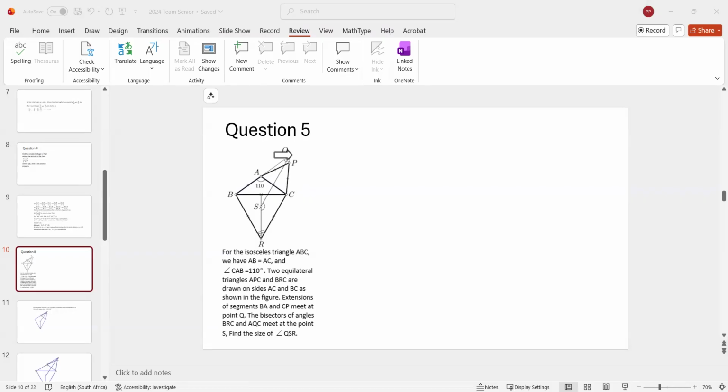And then at that place, you can see that angle there is bisected, and it meets the bisector of this angle at S, because you can see these angles are the same here. Right? They mark them to be the same. So they meet at this point S. Find QSR. QSR. So this is the angle that we are looking for.